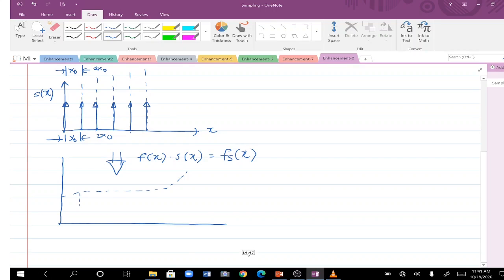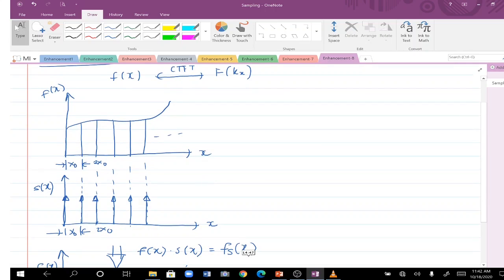Now you are retaining its values at integer multiples of x naught. So you have the function value at 3x naught, let's say, and this is 4x naught, and so on. This is your x. Let's call this function fs of x.